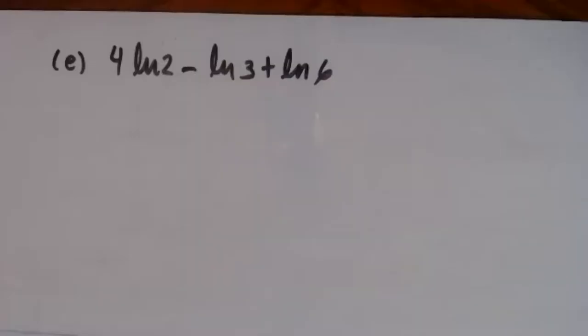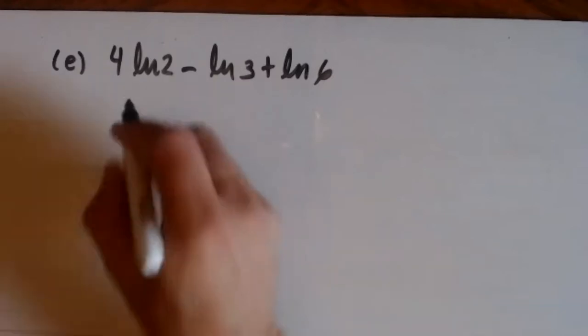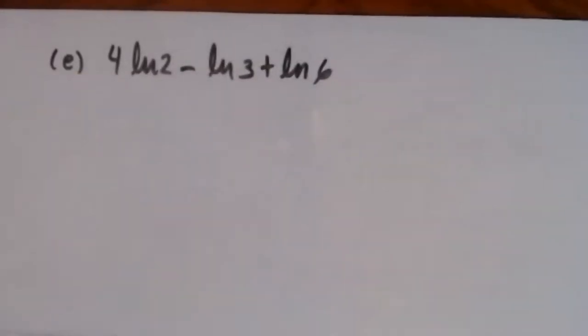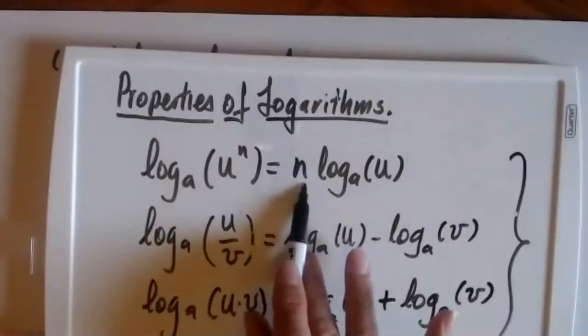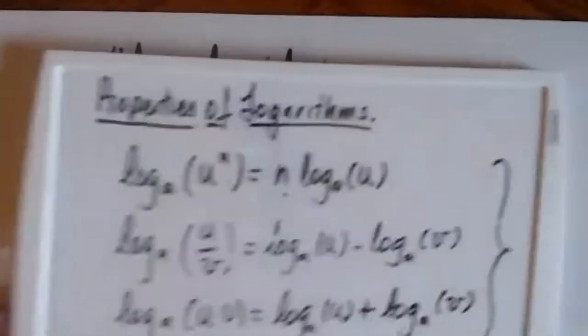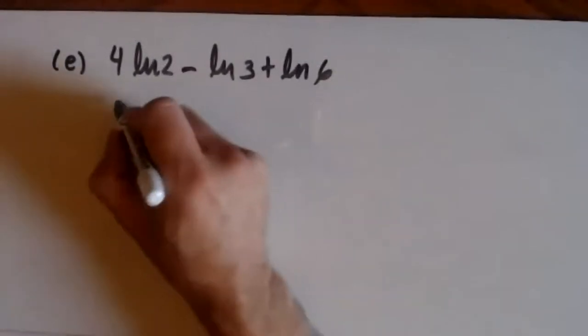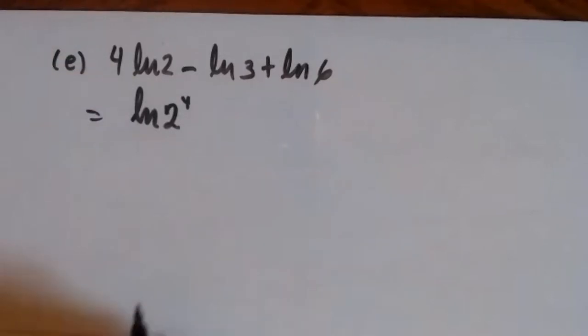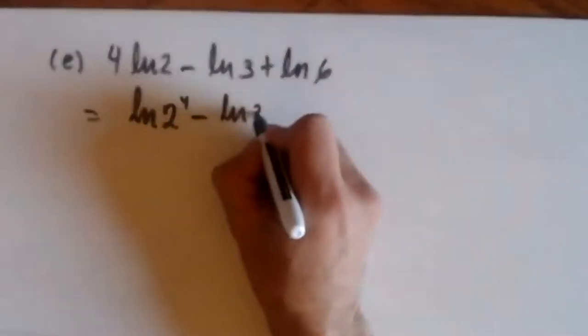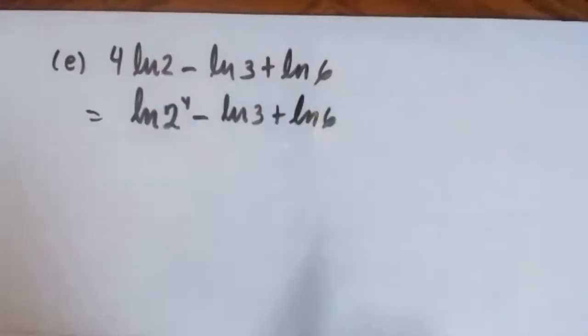Okay. So this is the expression I want to solve. Now I'm going to remember the rules. My rule tells me that if you have a number at the front, you can put it as an exponent. So I can write this one as ln of 2 to the 4th minus ln 3 plus ln 6.